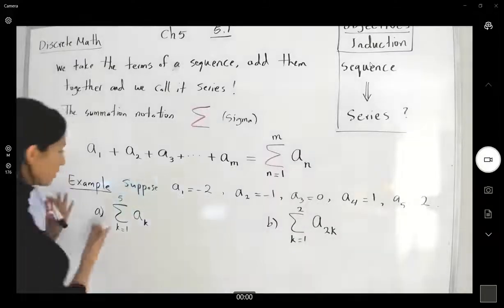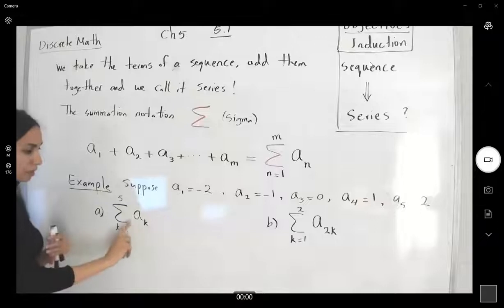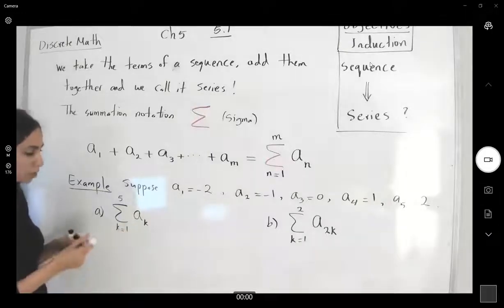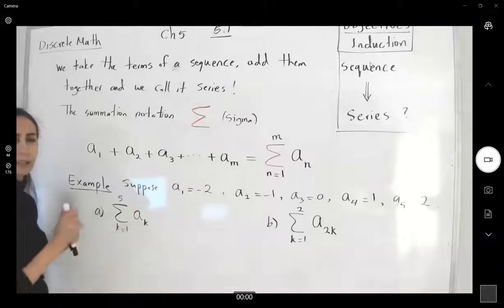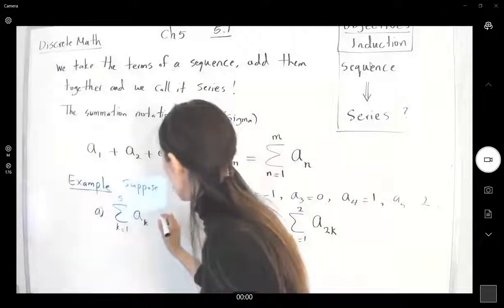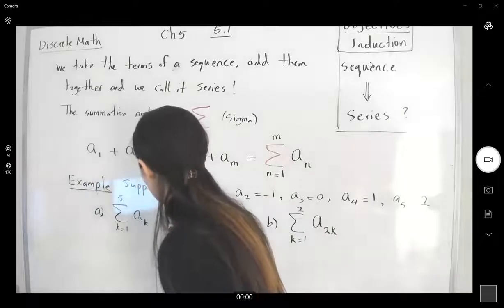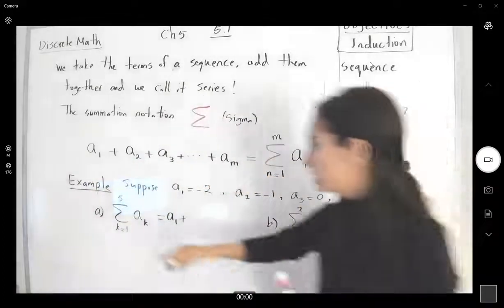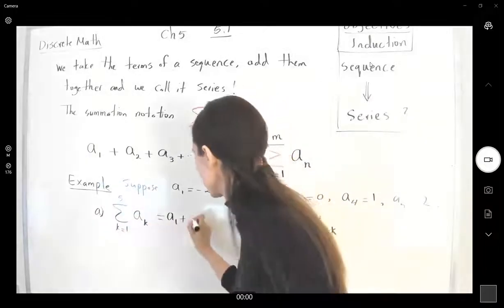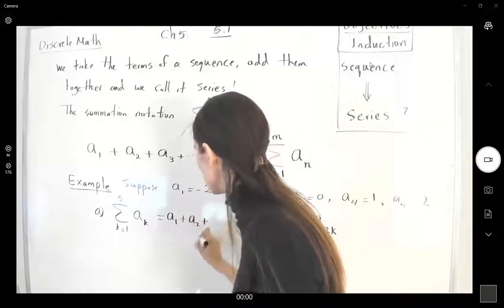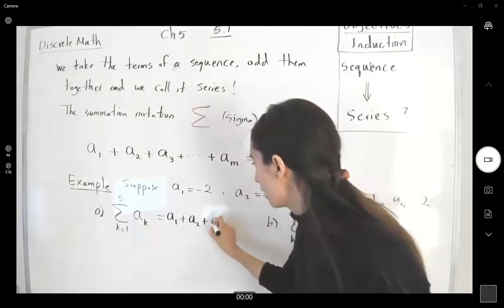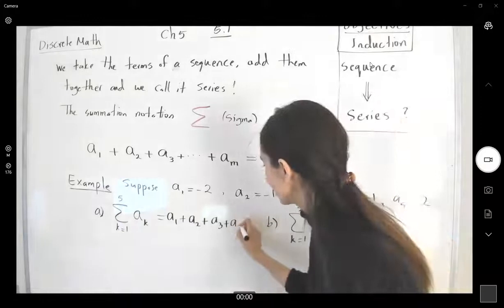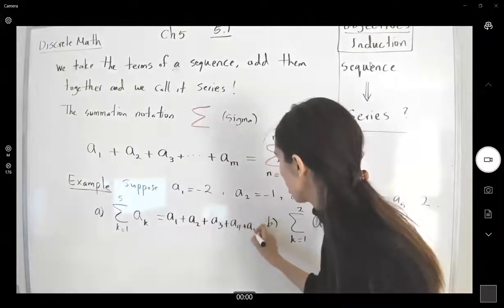So for part A, you have A sub k and k starts from 1. So you plug in 1 for k and you get A sub 1. So my very first term is A sub 1, plus, look at the definition, then I plug in 2, I get A sub 2, plus I plug in 3, A sub 3, then I plug in 4, A sub 4, then I plug in 5, A sub 5.